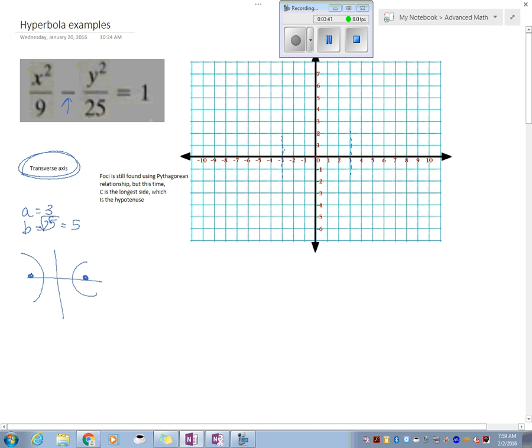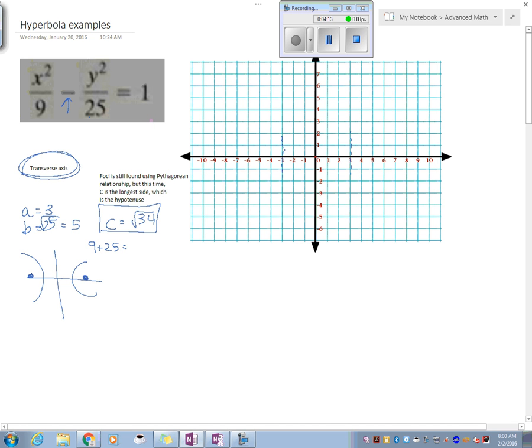So with that Pythagorean relationship, what is C this time? It's 9 plus 25, what is that? 34, so C is the square root of 34, and we can't simplify that, can we? 2 times 17? No. So the foci are going to be out from the center by this amount.